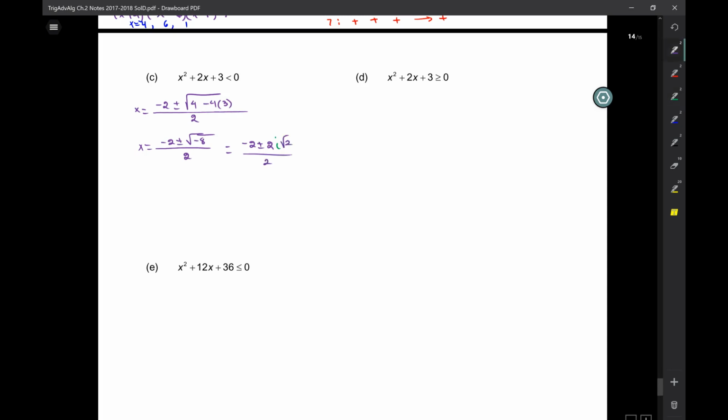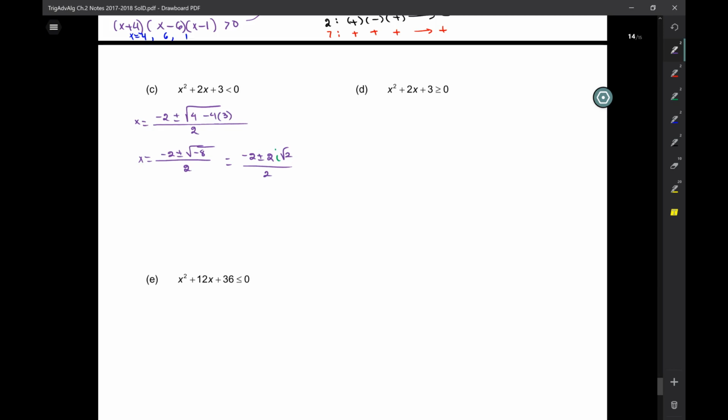What does that mean? If the root is imaginary, where does the graph cross the x-axis? It does not cross the x-axis. Now, look at the equation there. It's a quadratic equation. So what shape would its graph have? It would be a parabola. If it doesn't cross the x-axis, so here we go. Let's write this down.